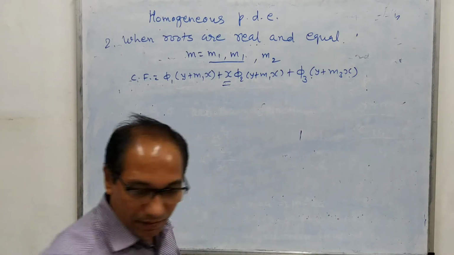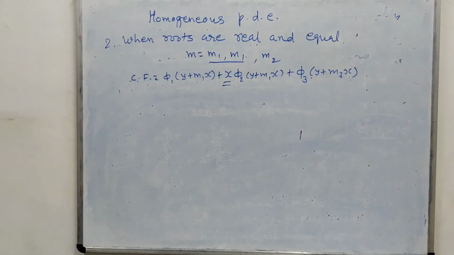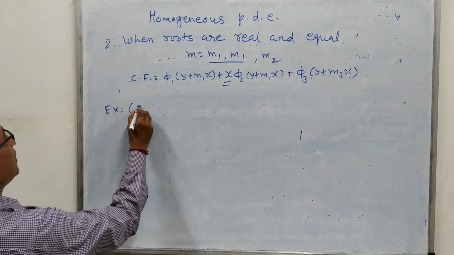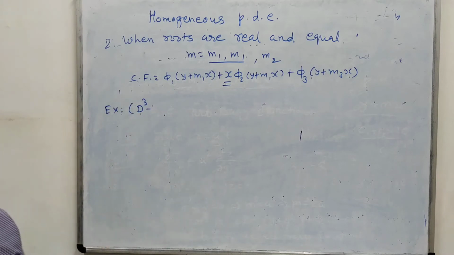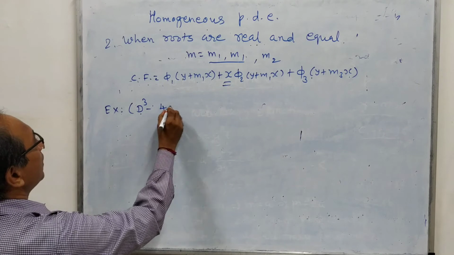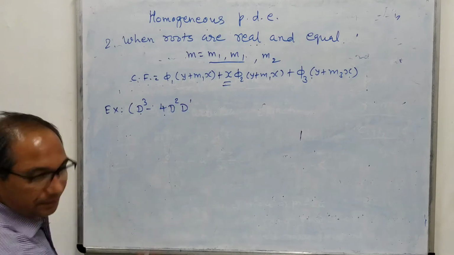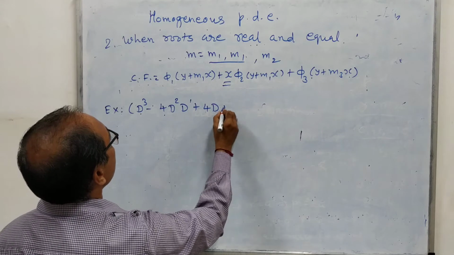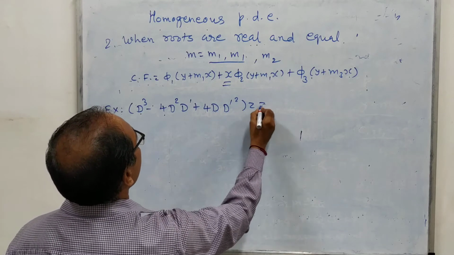Now let us see one example based on this type. Suppose we are given the example (D^3 - 4D^2 D' + 4D D'^2) z = 0.